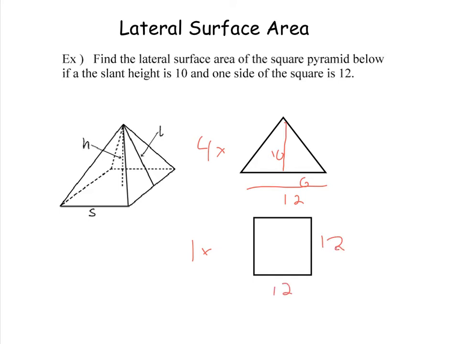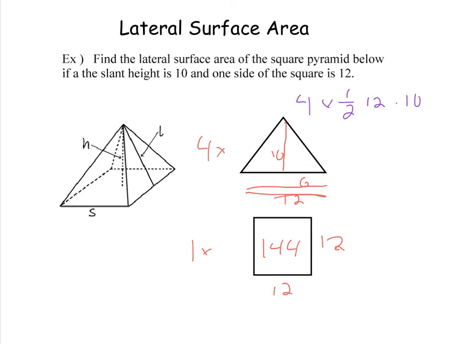All right, so let's find the area of the square first. 12 times 12 is 144. Not bad. Now I have four of these triangles, so I'm going to do 4 times the area of a triangle, which is 1/2 the base, which is 12, times the height, which is 10.